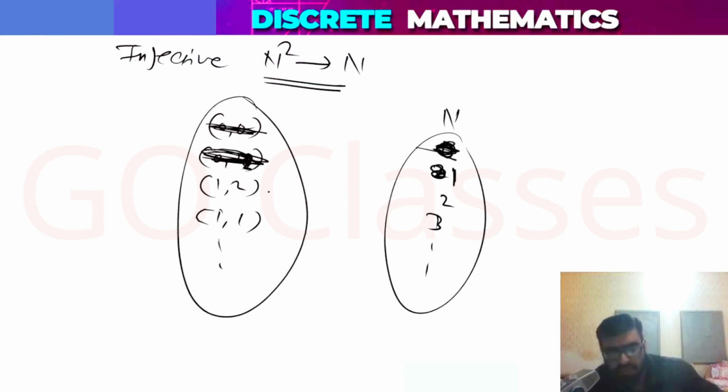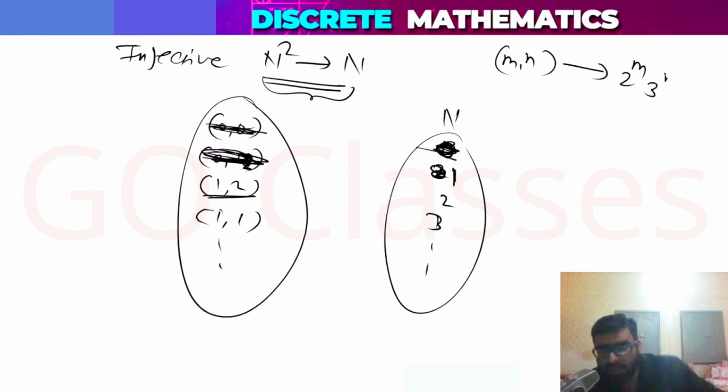Now I need to give you an injective function from N square to N. So if I have a pair (m, n), then I will map that pair to 2^m times 3^n. Why am I doing this?